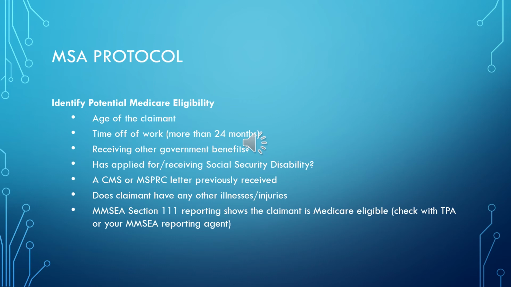This should help in identifying those claimants in your caseload. All you need to do is ask your manager or supervisor for a report of the MMSEA Section 111. If you see your injured worker's name on that list, then it's very likely that you need to consider Medicare in a settlement.